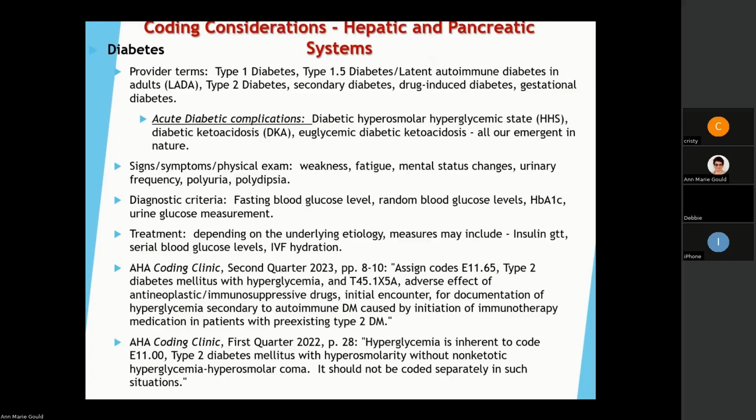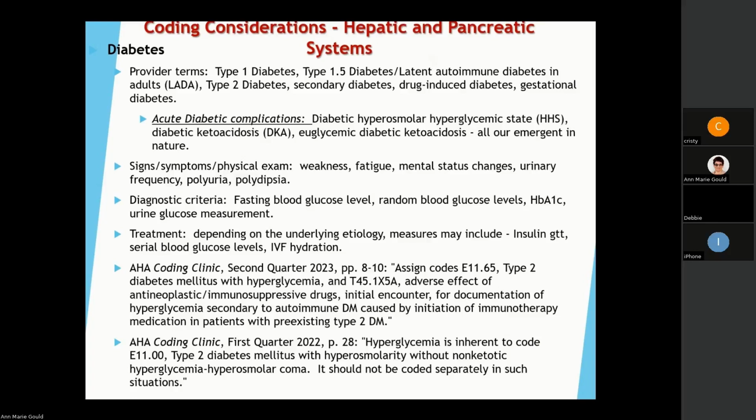Signs and symptoms in your exam, usually weakness, fatigue. They may have mental status changes too. They may be somnolent, with altered mental status, confusion, disorientation. You may see urinary frequency. Polyuria and polydipsia, of course, are cardinal signs for any diabetic patient if they're new onset. Your diagnostic criteria, of course, any fasting blood glucose levels.